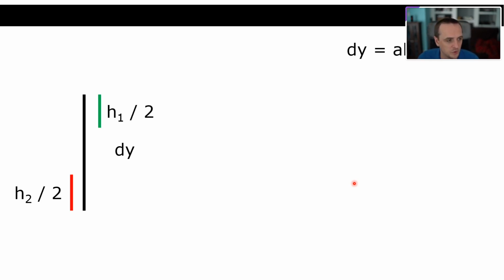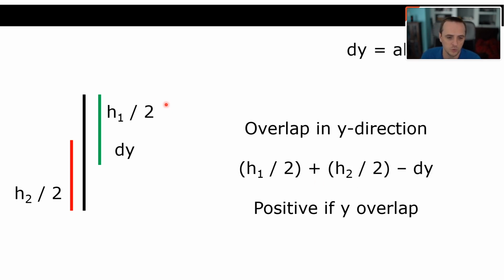In this case, we would not have an overlap, but in this case, where the sum of the lengths of half the sides is greater than dy, then we would have an overlap. So we have an overlap in the y direction if h1 over 2 plus h2 over 2 minus dy is positive.